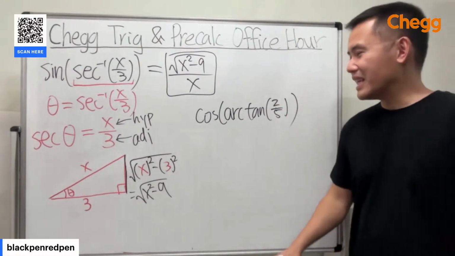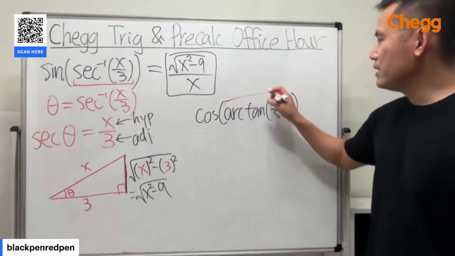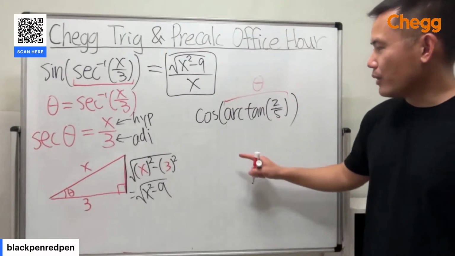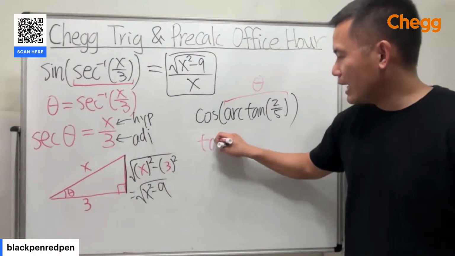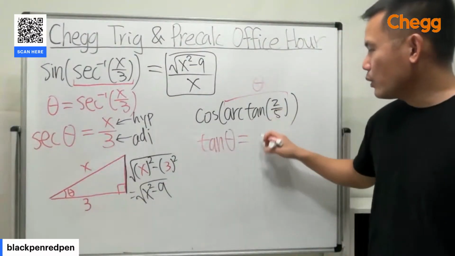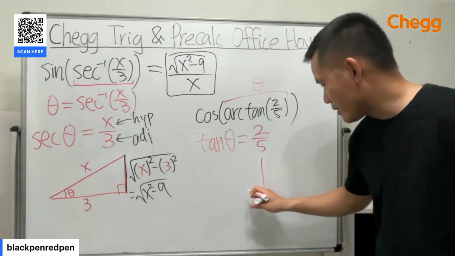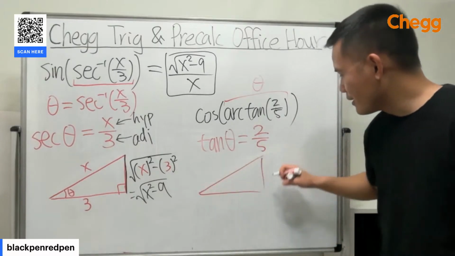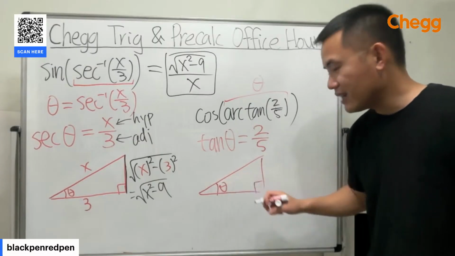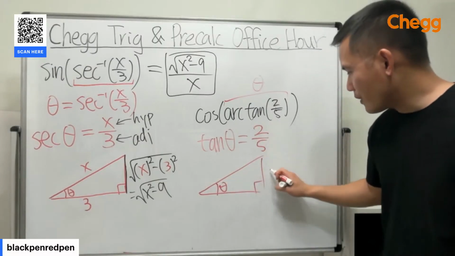we can do the same thing. Arctangent is going to be the angle theta. So this right here tells us tangent theta gives us 2/5. And then just draw the triangle here, right angle, theta, opposite over adjacent.